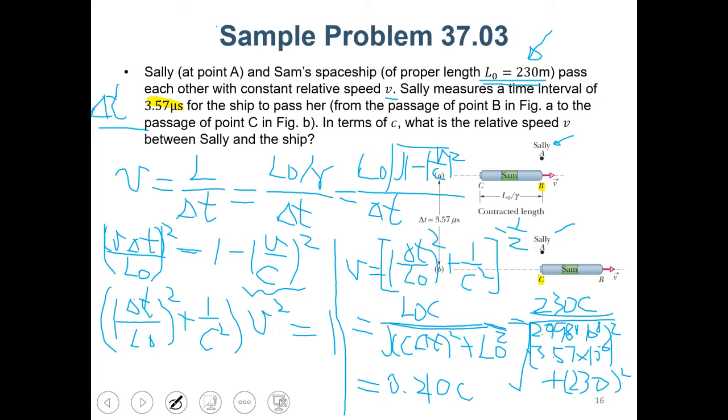And actually, this speed is not really fast.